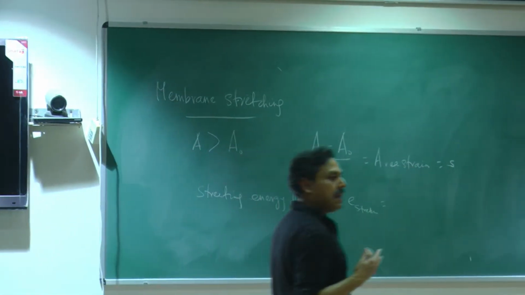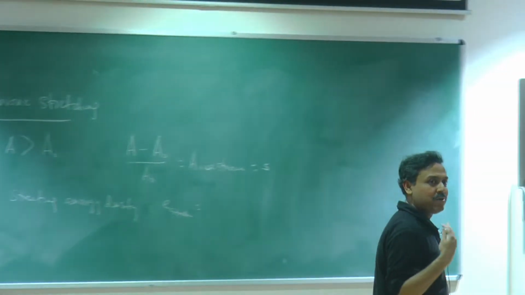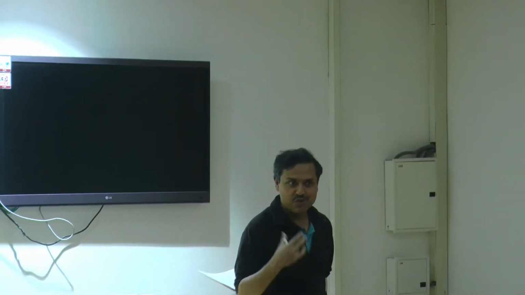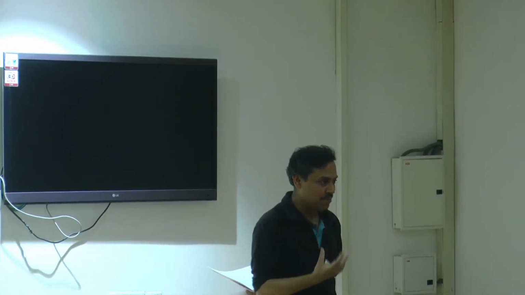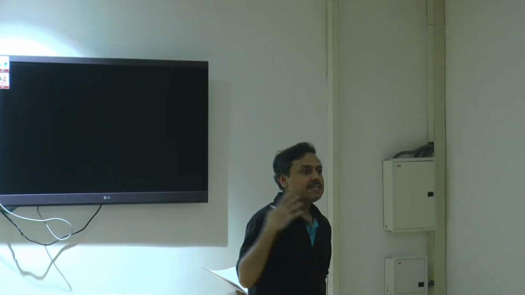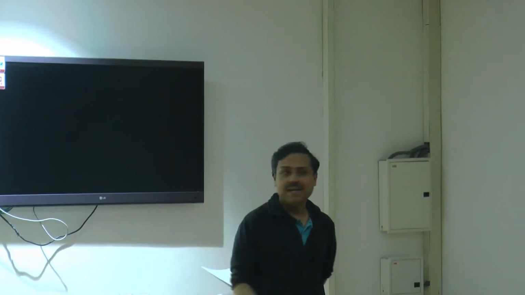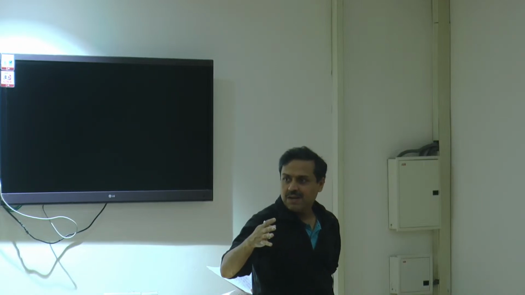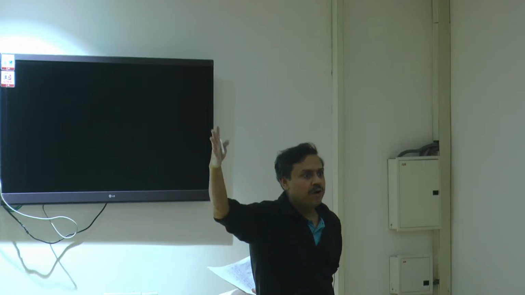Now, remember I'm trying to build up a theory here. I know a quantity which is important, which is the strain. The strain is the most important quantity. Now, will this energy density be linear order in strain? Should it be quadratic order in strain?